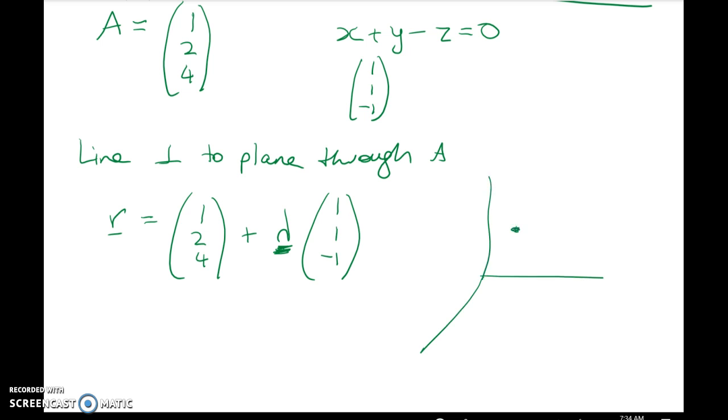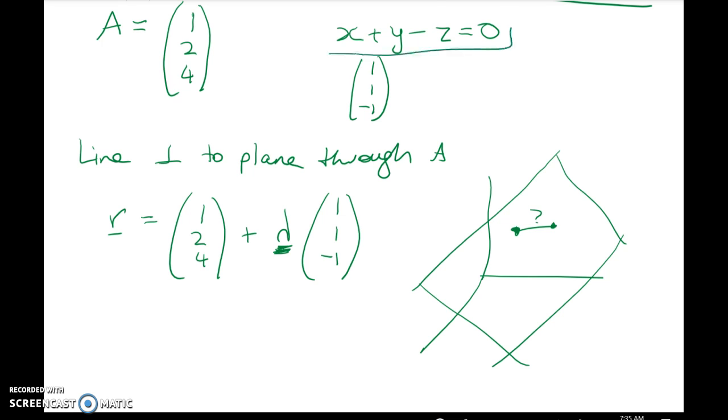So to figure out the value of lambda where the line is going to meet the plane, so there's point A, and here's my plane. Right, so I'm trying to figure out where this point will hit the plane. We're going to solve for lambda by substituting back in here. So this is 1 plus lambda, 2 plus lambda, 4 take away lambda. So that's my x, y, and z.